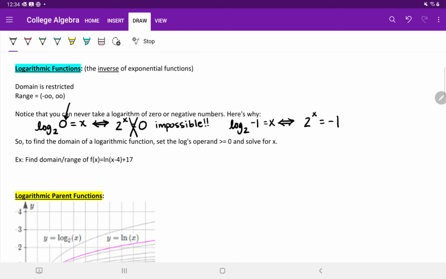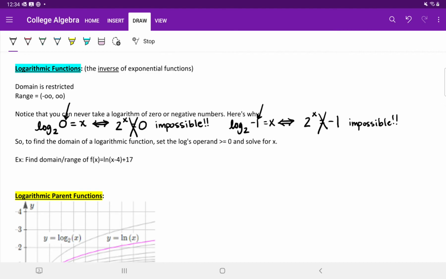This is also impossible because no matter what value we put in for x, 2 to the x power will always be a positive number because the base itself is a positive number. So it will be impossible to achieve a 0 or a negative, which means it is undefined to try to take the log of a 0 or of a negative.